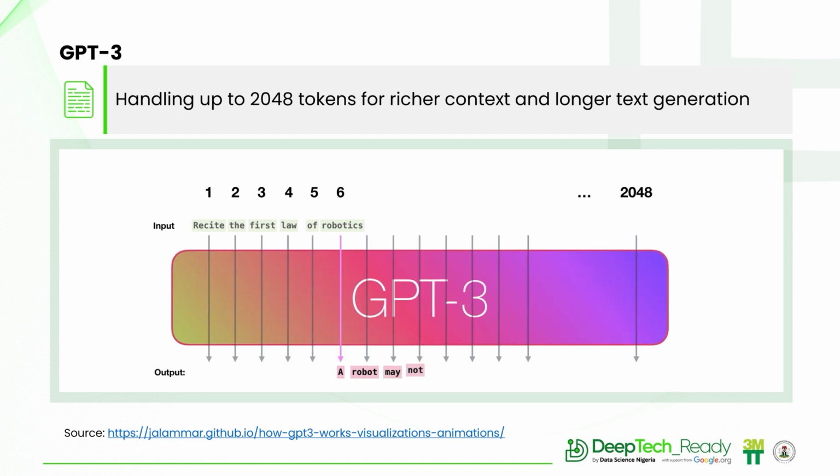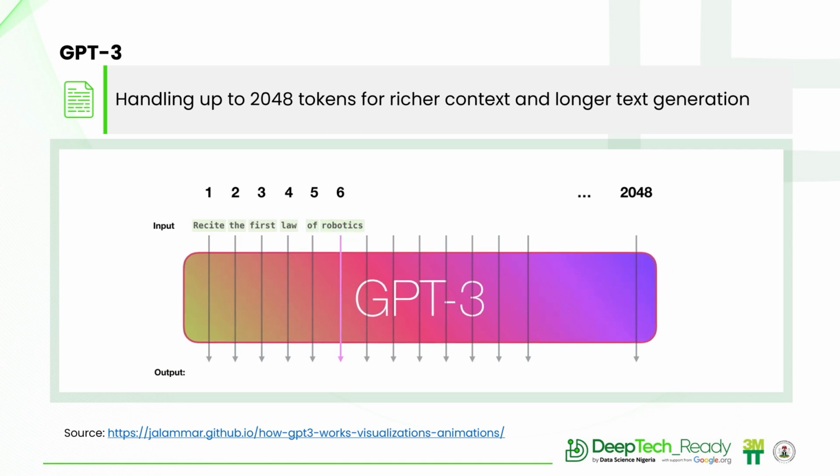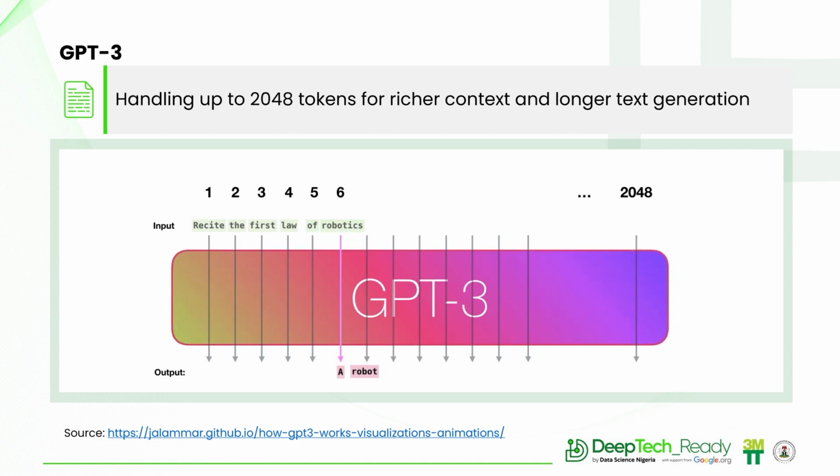One key example is the path from the word "robotics" here, the sixth column, to the word "A" here. This highlights how the model tracks and processes relationships between tokens over a longer span of text. And this improvement reflects GPT-3's ability to manage more complex and nuanced language patterns.